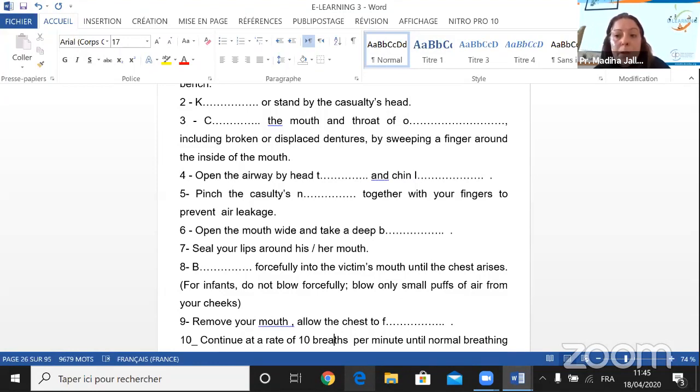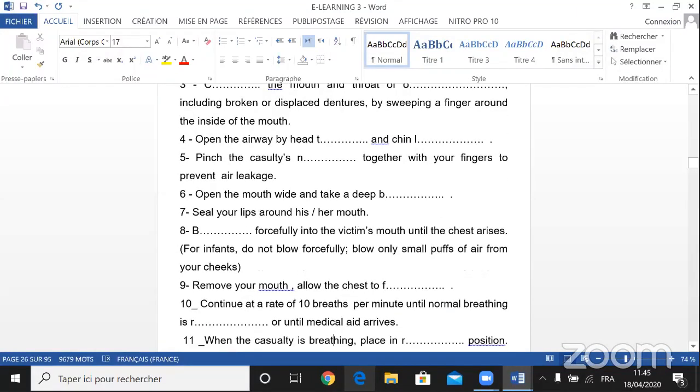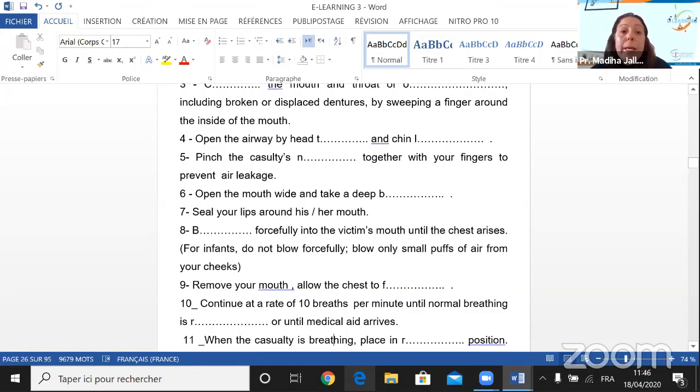Maybe there is a small object, maybe a chewing gum, maybe any object in the mouth, and you will clear it, remove it with your finger. You clear the mouth and the throat of what? Objects, or obstructions.